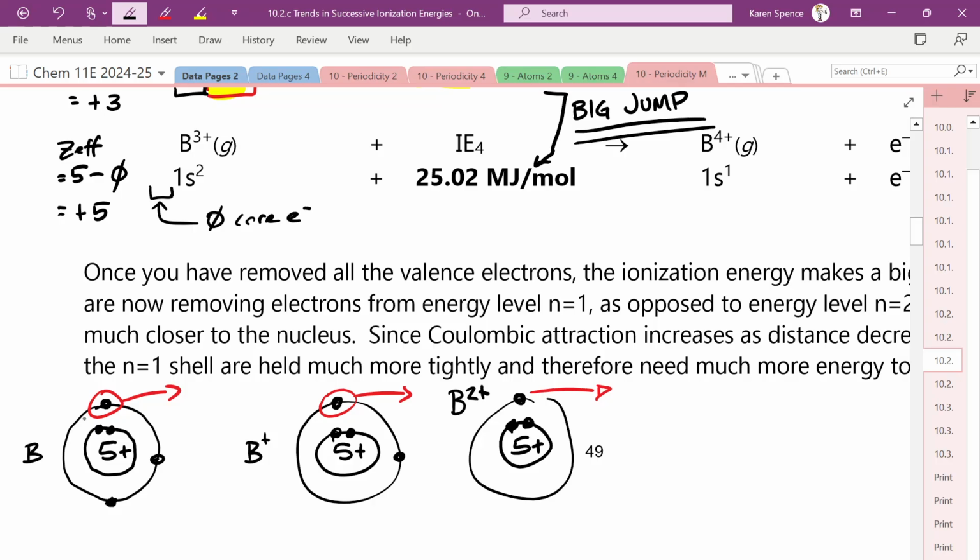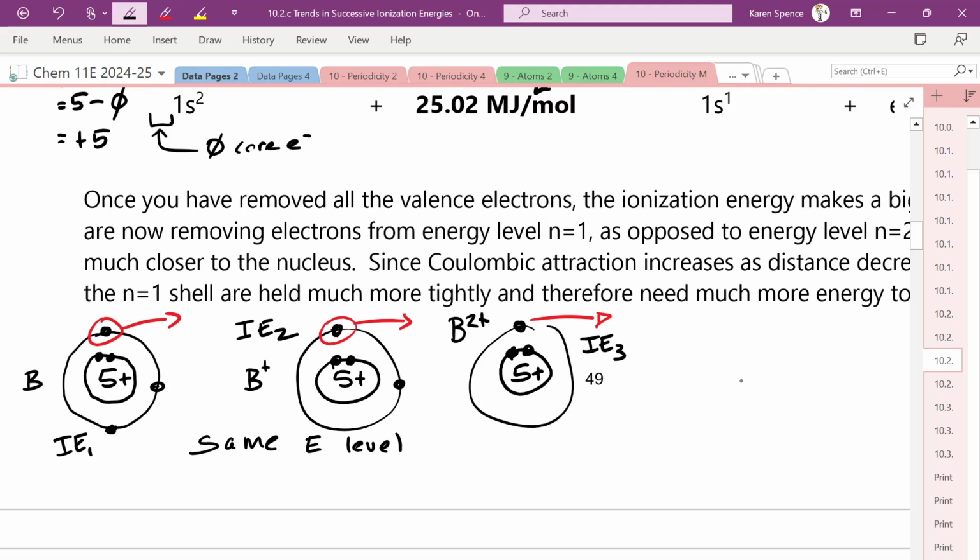So removing electrons from these 3, they're all in the same shell, the same energy level. And this would be IE1, IE2, IE3. Now all of a sudden we get to IE4, and all we've got is this 5 plus, and now we have to take out one of these electrons.